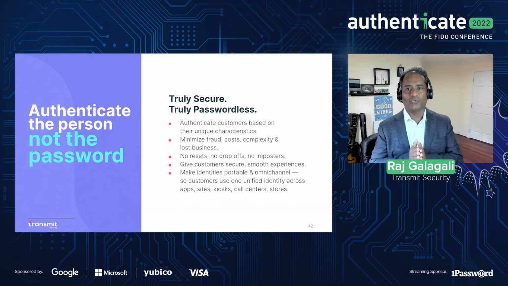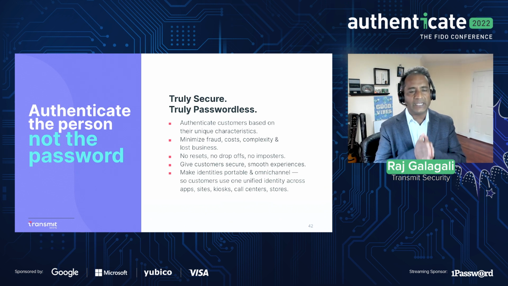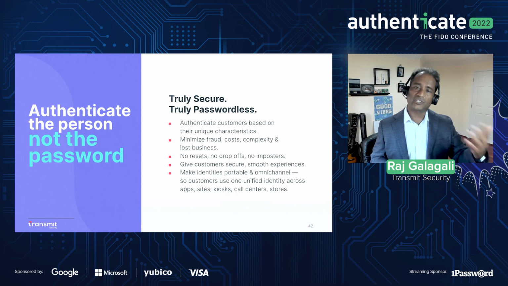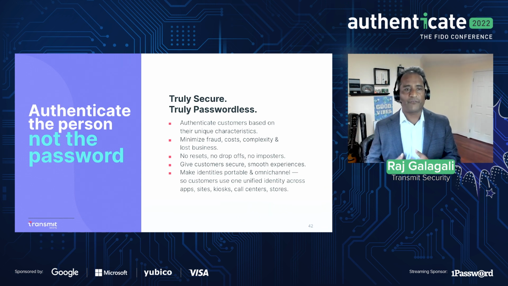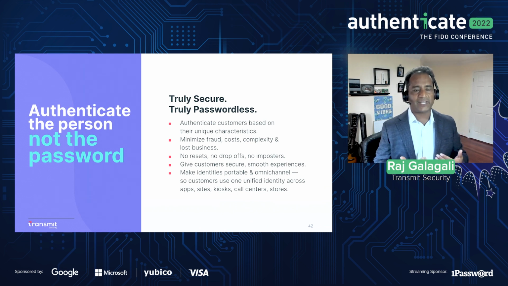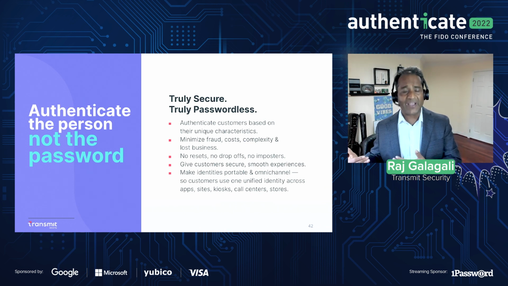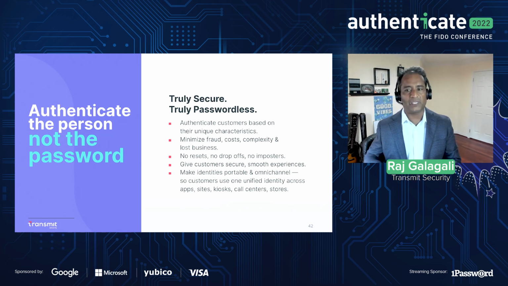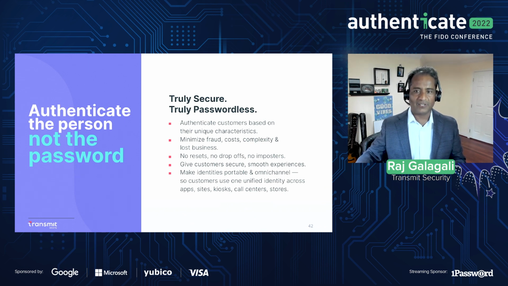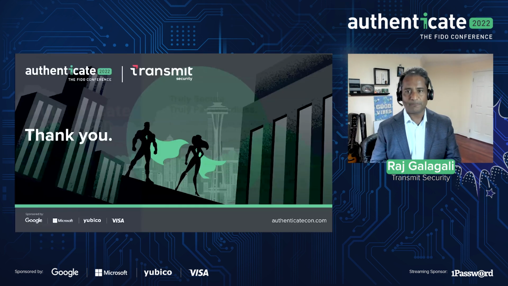How do you ensure that you're able to identify the person using methods such as biometrics? You're able to minimize fraud. You're able to understand the account takeover vectors in real time and are able to drive a very secure and smooth experience for your customers. Or you're able to identify unique identities and then make decisions.